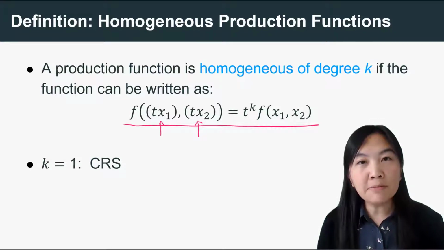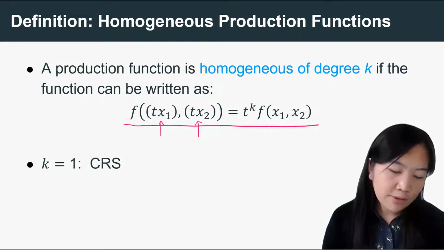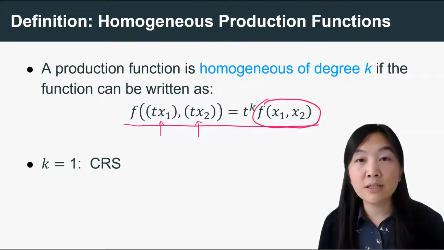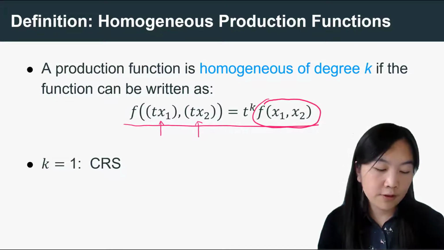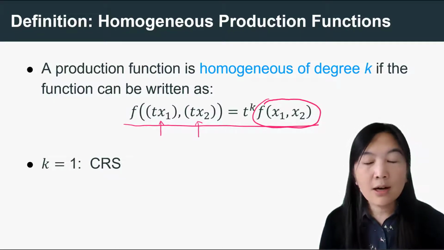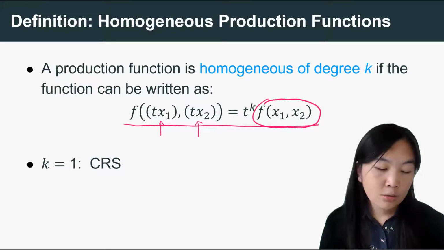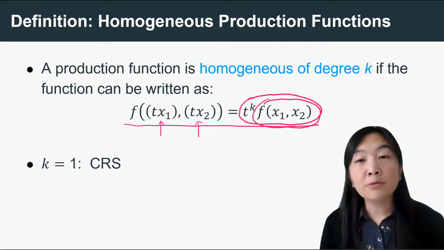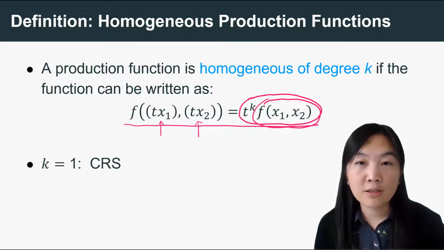And if you double all of your input levels, then what's going to happen to your output? So this is your original output when you didn't change your input levels. However, if you increase your x1 and x2 both by t times, then the output is actually this much.